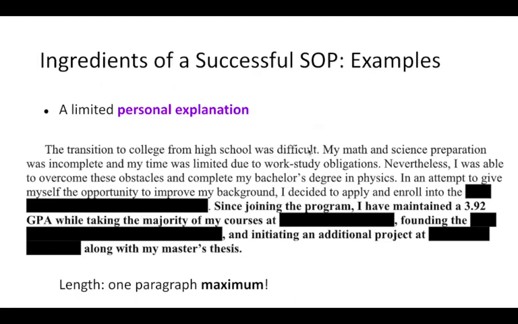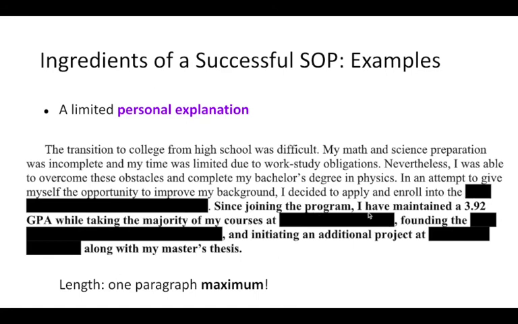But after we learn what the problem was and what the origins were, namely that work study was a time suck and the transition to college from high school was tough, we get right into how the student overcame it. "Nevertheless, I was able to overcome these obstacles and complete my bachelor's degree in physics." We also get a statement of how the student decided to better their circumstances. "In an attempt to give myself the opportunity to improve my background, I decided to apply and enroll into the blank.